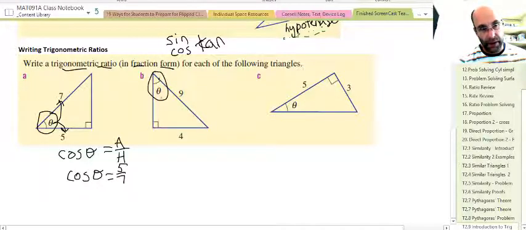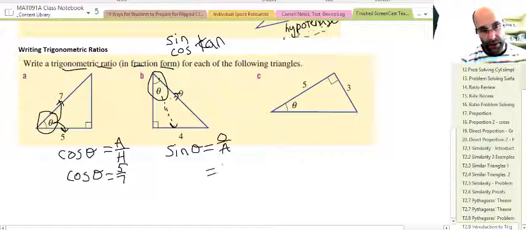In the second question, the given angle is here. What have we got involved in this question? We've got a 4 and a 9 there. The 4 is opposite and the 9 is the hypotenuse. Opposite and hypotenuse, that's some old hippies or SOH. So opposite over hypotenuse, which in this case is 4 over 9.